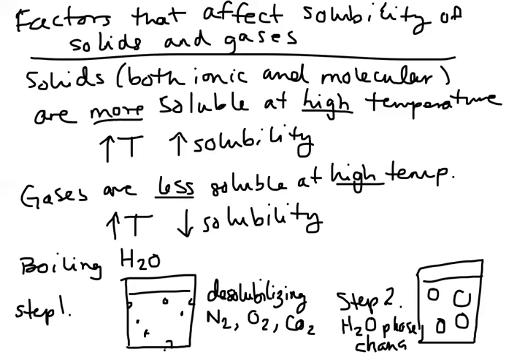Two different steps, two different sets of gases. So next time you boil a pot of water, see if you can first see the atmospheric gases desolubilizing and then the water turning to water vapor.